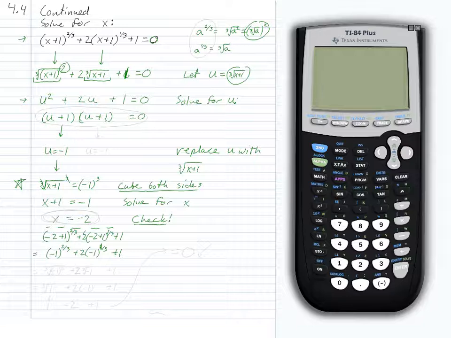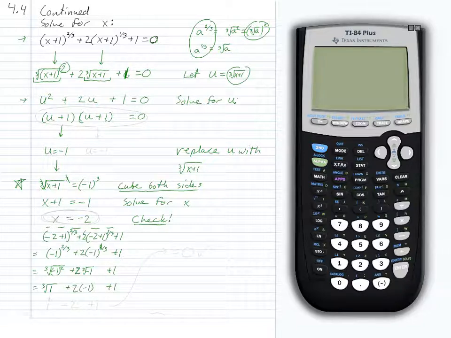Alright, now remember that translation that we had. Anything to the 2/3 is the cube root of that thing, squared. And the 1/3 power is just the cube root of that thing. So we can see this as the cube root of -1 squared gives us 1. Here the cube root of -1 is -1.